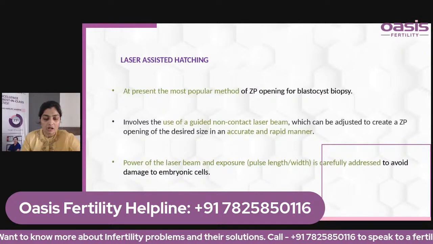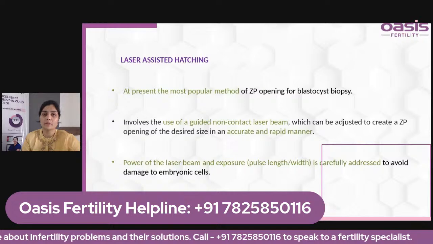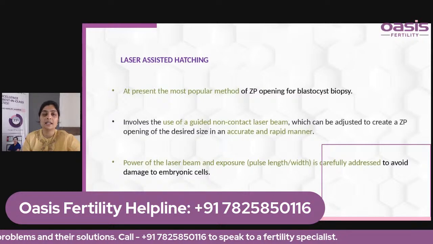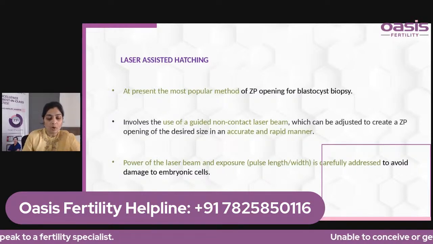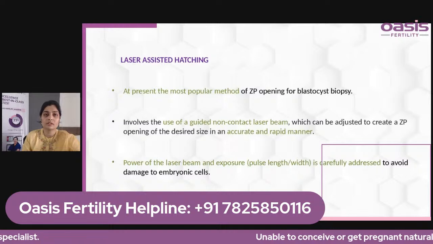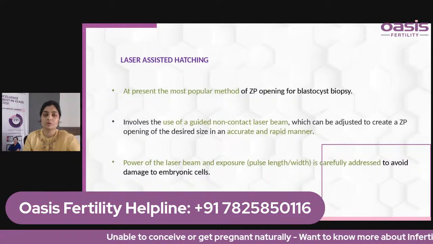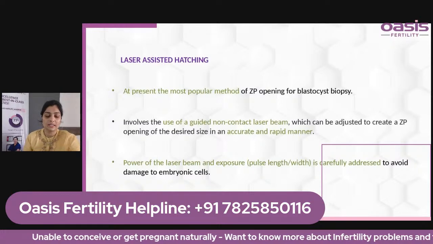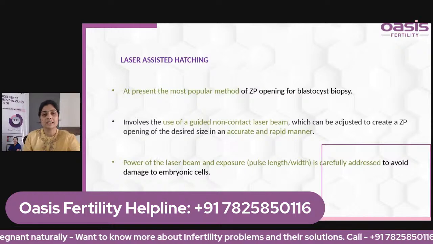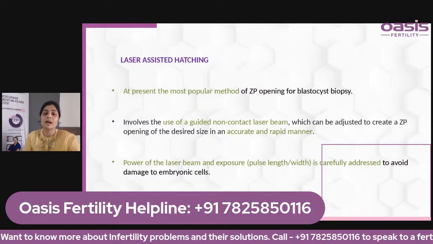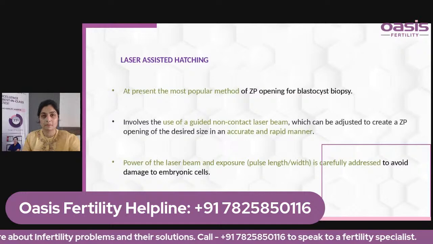It should be done by an expert embryologist in a highly equipped laboratory with specialized instrumentation. Expertise is important. When we think about the risk, there is less than 5% damage to the embryo, less than 1% risk of misdiagnosis, and in less than 5% of cases, we might end up having no result.